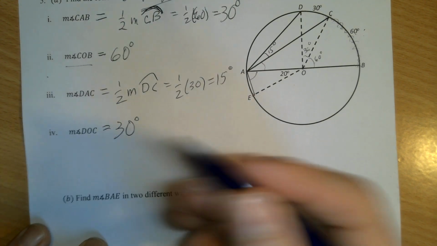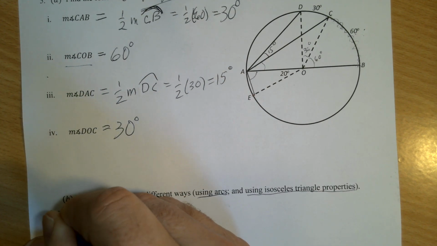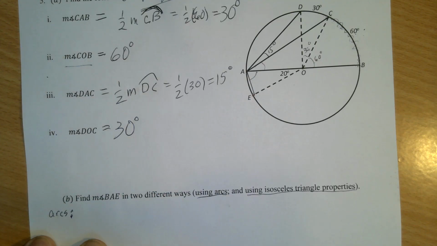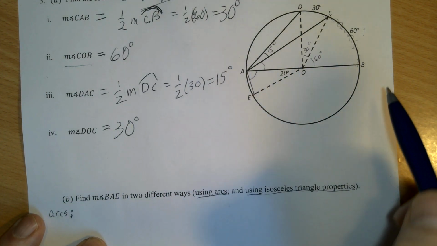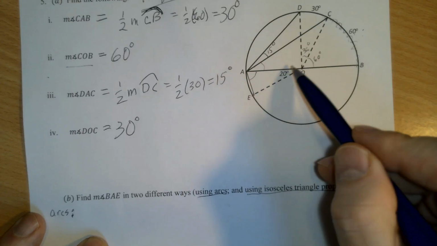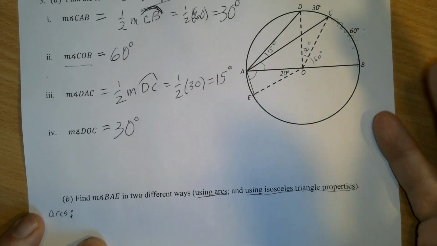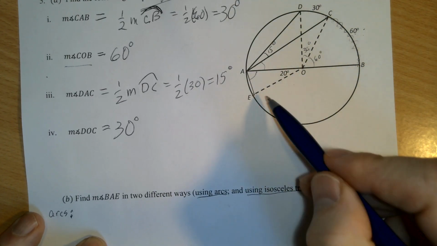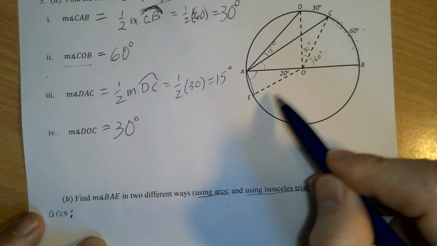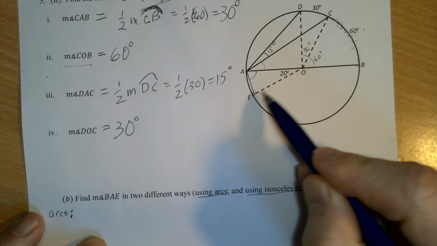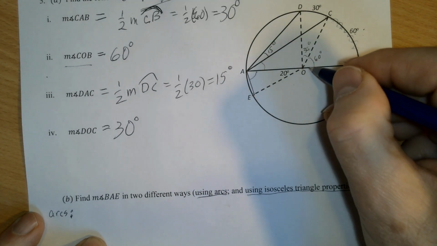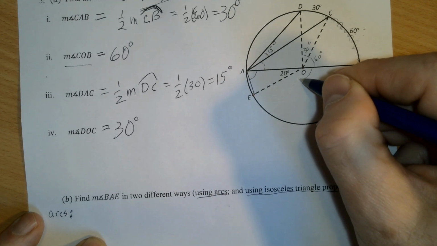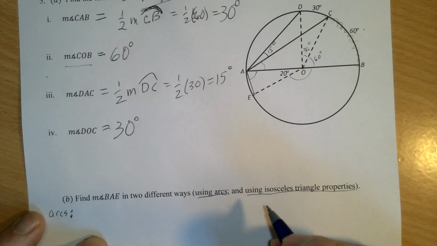Okay, so let's use arcs first. All right, using arcs, how can we do this? Well, notice this BAE is an inscribed angle. What is the central angle that intercepts at B and E? Central angle means the vertex is O. So let's see what we know.